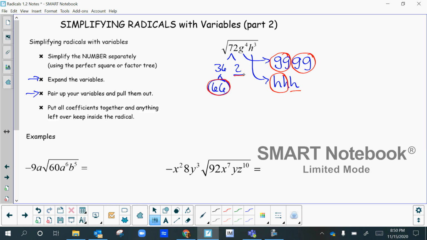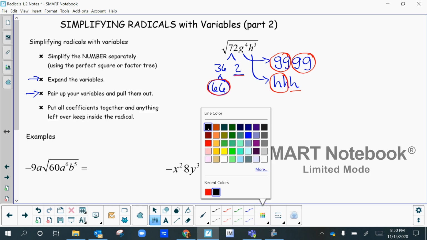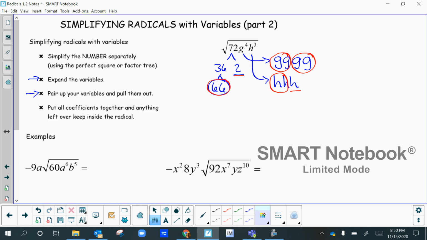So everything that's underlined is going to go under the radical, and everything that is circled is going to go out in front as a coefficient. So my final answer is going to look something like this. 6 will be first. I have 2 g's going out, okay? So g times g. So instead of writing g, I'm going to write g squared. And then I have 1 h going out in front.